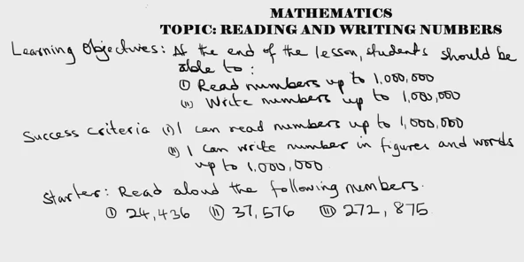We have 24,436, 37,576, and 272,875. Now, how do you read the first number aloud? As you can see, there is a comma after the first two digits, and then we have three digits.